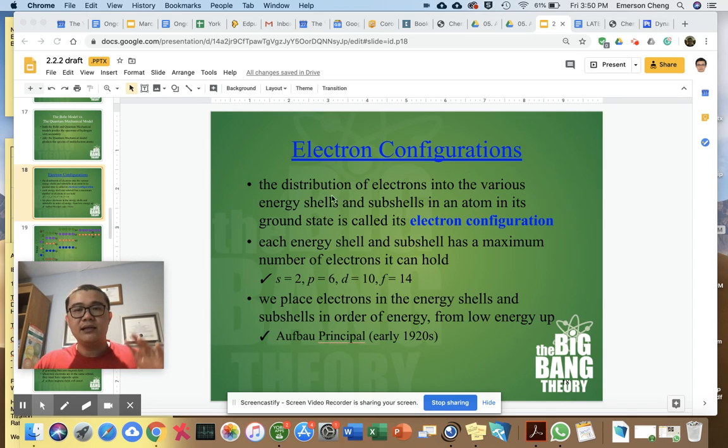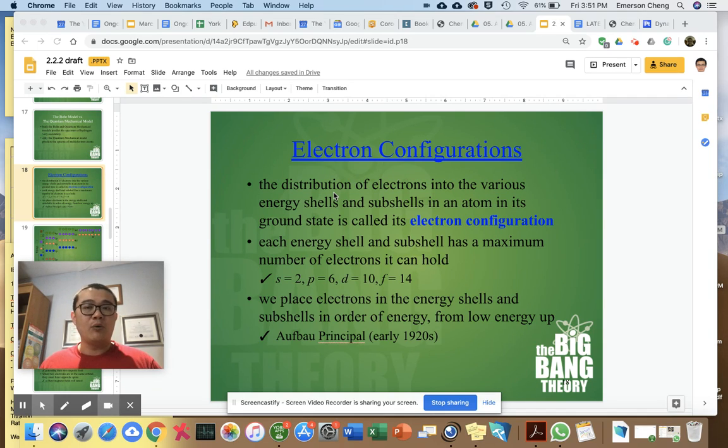Electron configuration is really about where these electrons are when you are in an atom. Now, we know that we can't know the exact location of an electron, but we have a good idea where they are, up to 90 or 95% chance of being correct.